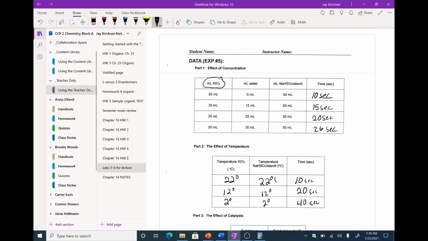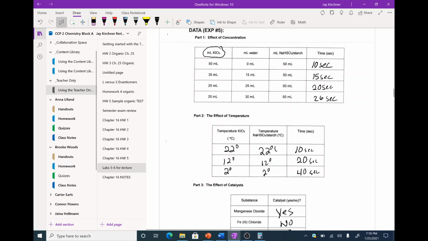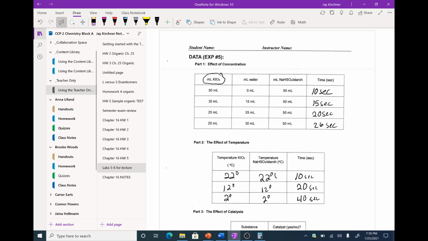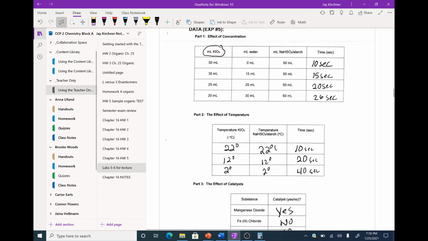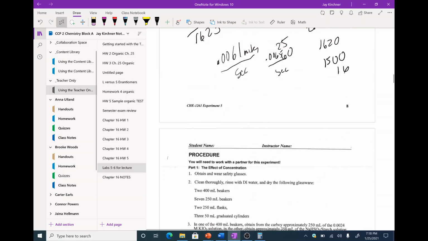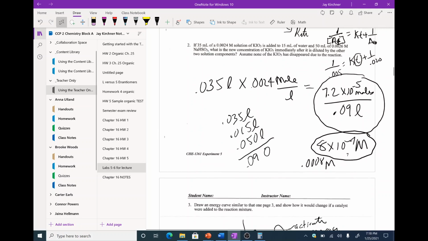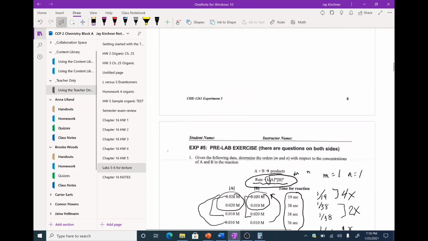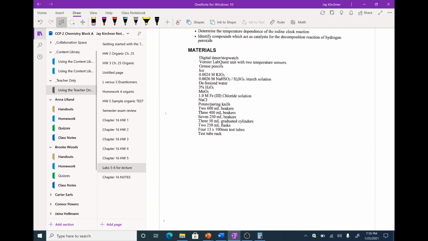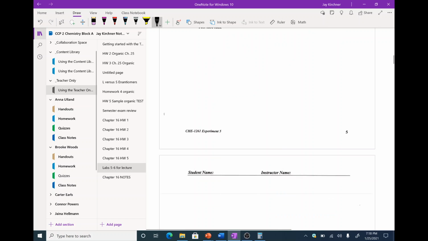So basically what this is then, we can do this kind of in a shortcut, but let's do it the long way. So let's go back to what our ingredients were and figure out what our concentration of iodate was. Let's see here. Here we go. So here's our iodate. It's 0.0024 molar.